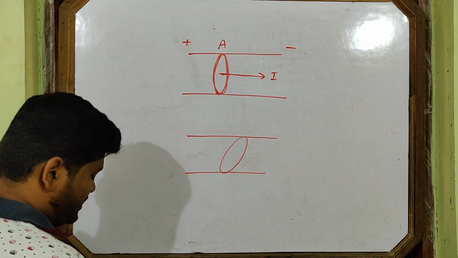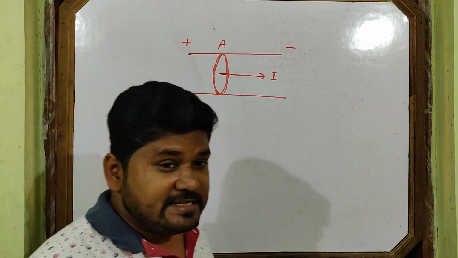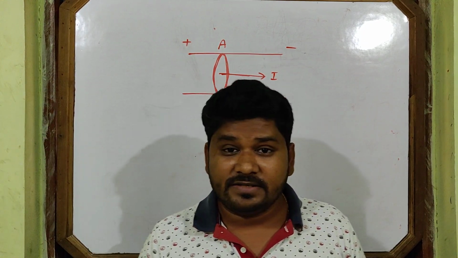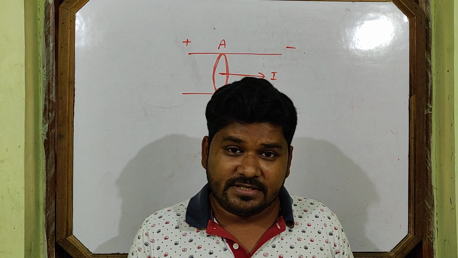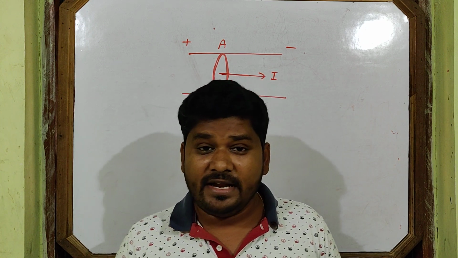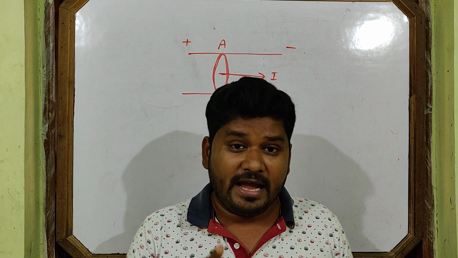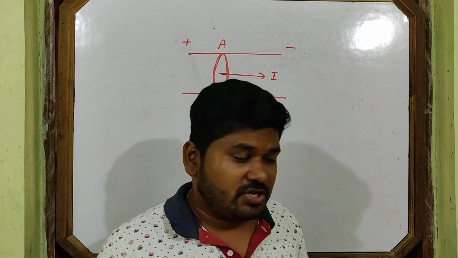So now let's see what current density is. It is defined as the amount of current passing per area of a cross section, provided the area is held perpendicular to the current flow. This is the current density.